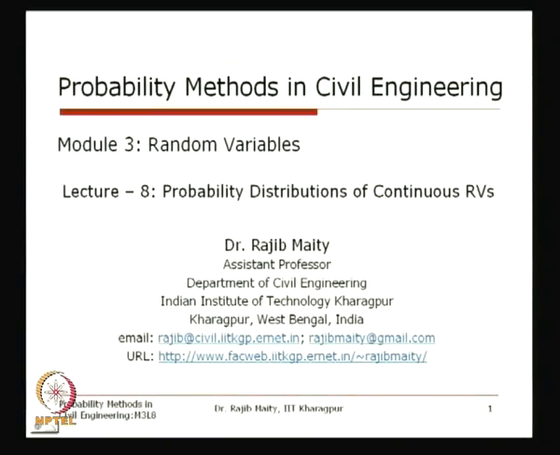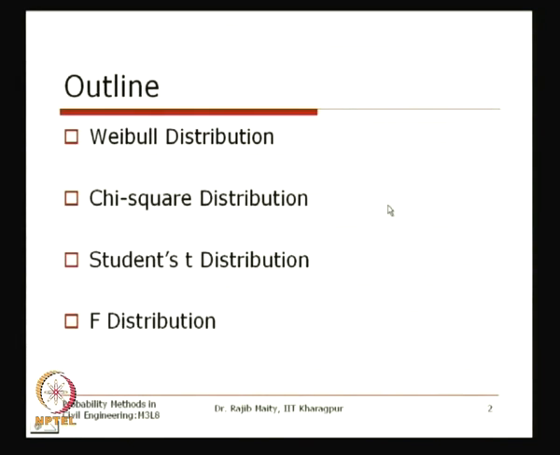So we will start with that distribution this class, and after that we will discuss the chi-square distribution, the T distribution and the F distribution, which we mentioned in the last class and which are mainly used for different statistical tests.